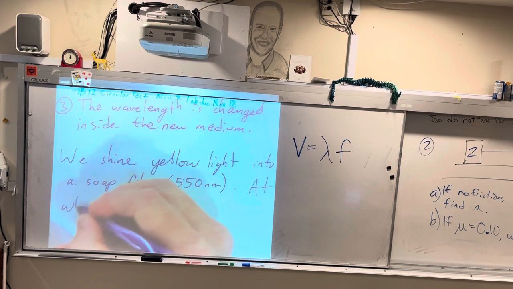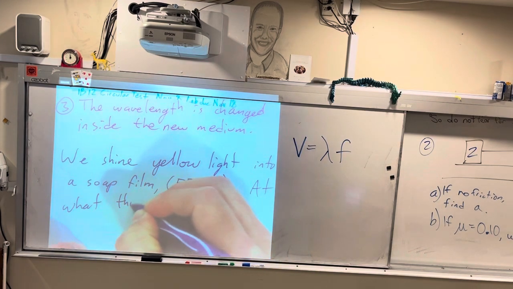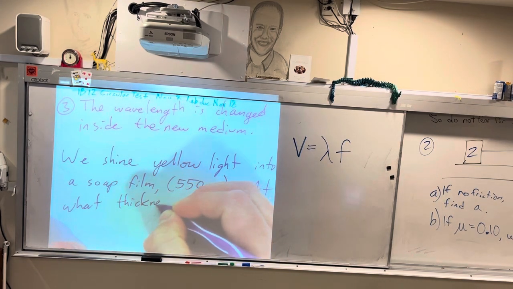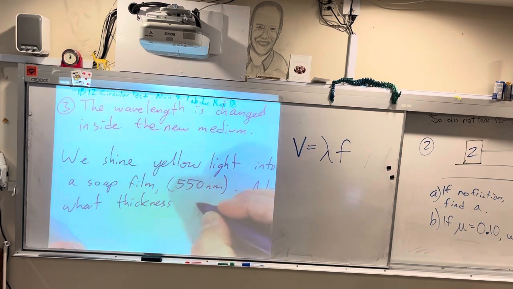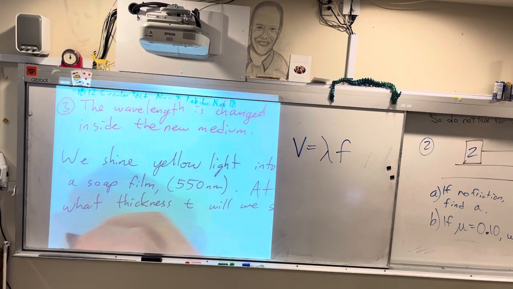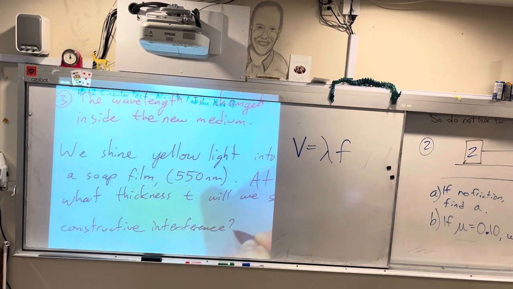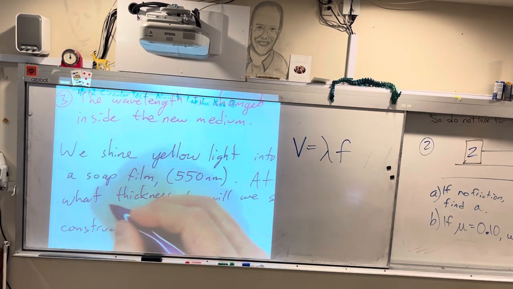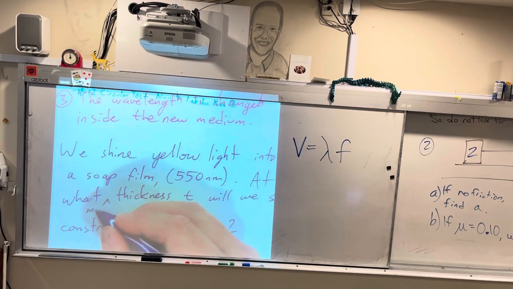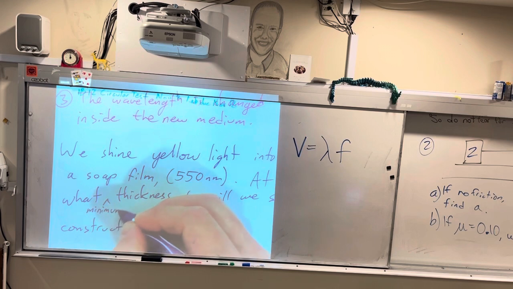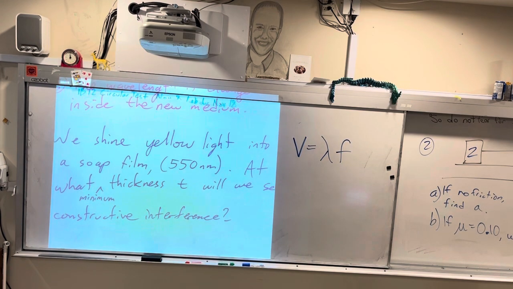At what thickness T, and this is in the air, surrounded by air, at what thickness T will we see constructive interference? Actually, I should say what minimum thickness, because of course there will be other thicknesses, right?